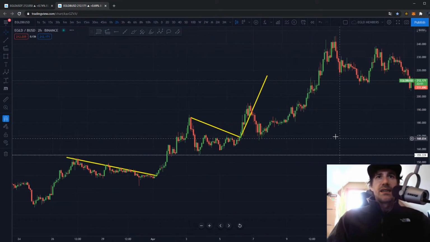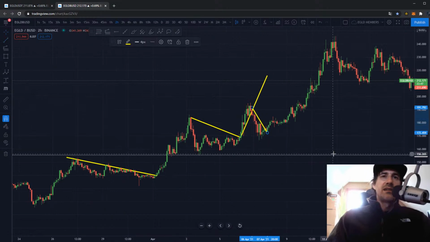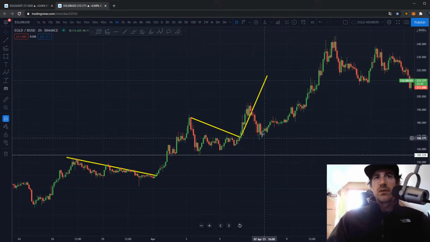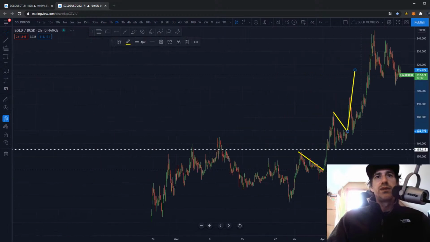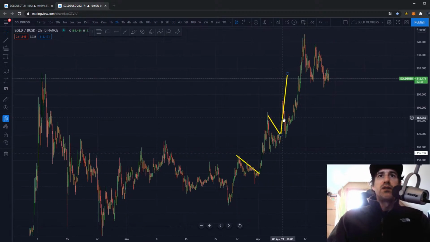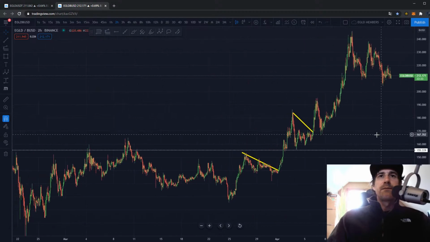Okay. This was a falling wedge. This was a second wave. It looks like a second wave, a very powerful retracement. But you can try this.